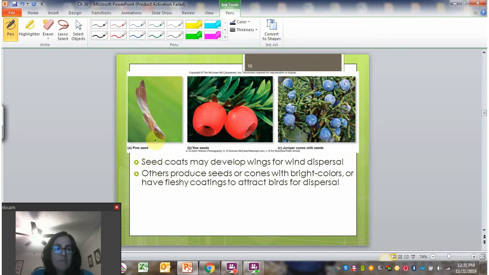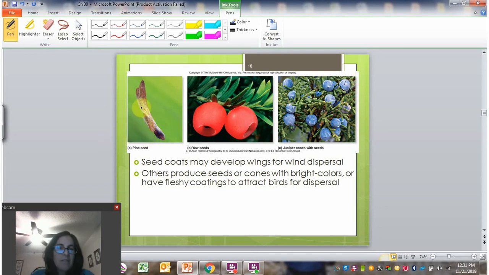A pine cone like that has seeds inside of it. Usually when you're looking at a pine cone that has fallen onto the ground, it's probably old, and so it doesn't have any seeds still on it. So it has all that woody stuff.